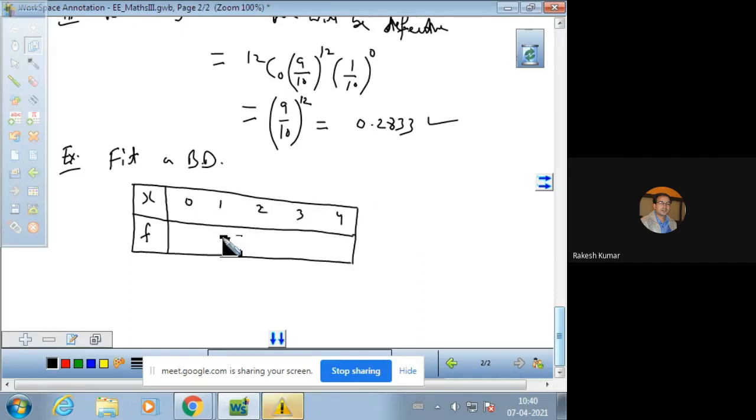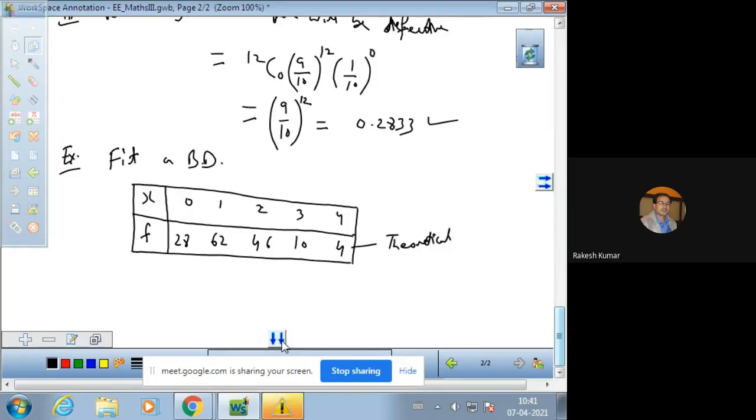Corresponding to x equal to 0, we have frequency 28, and then 62, 46, 10, and 4. These are the given frequencies, and you can call them the given frequencies or the theoretical frequencies.